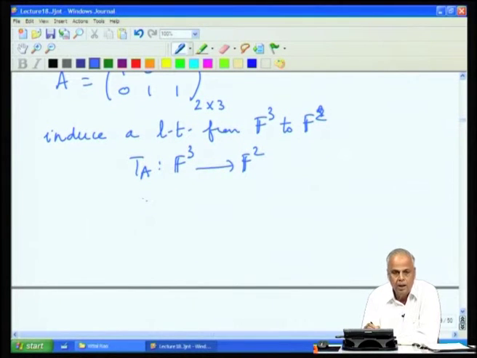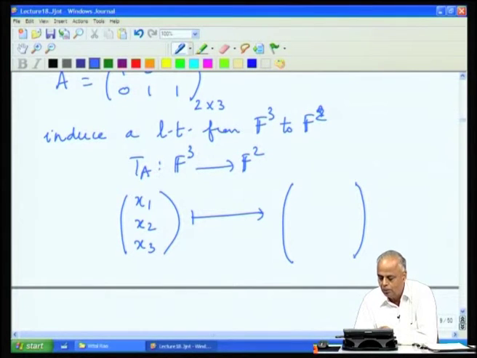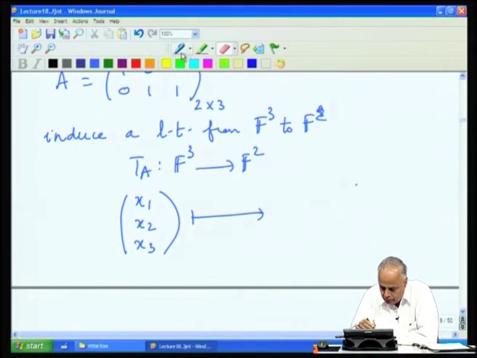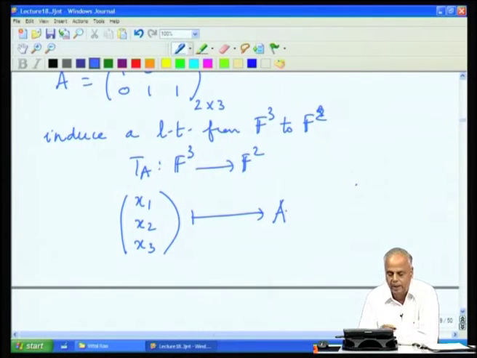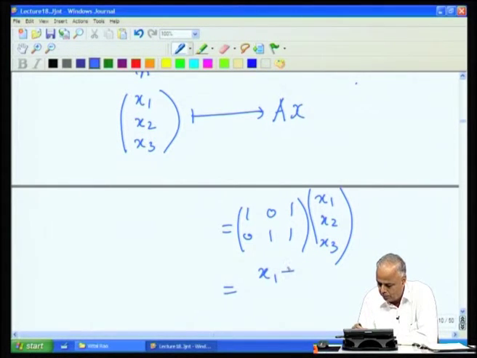It has to take a 3 component vector and map it to a 2 component vector. I have to take the matrix A and multiply it by the vector x, which gives 1 0 1, 0 1 1 times x1 x2 x3, and therefore, we get x1 plus x3, x2 plus x3.